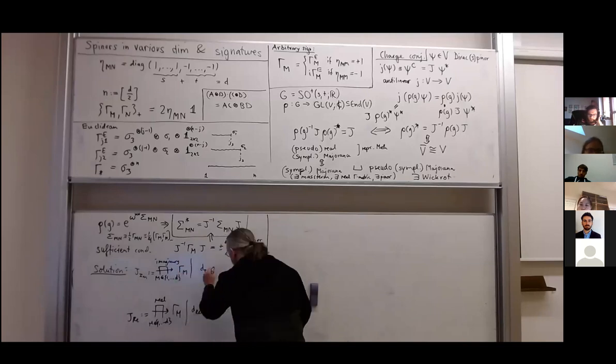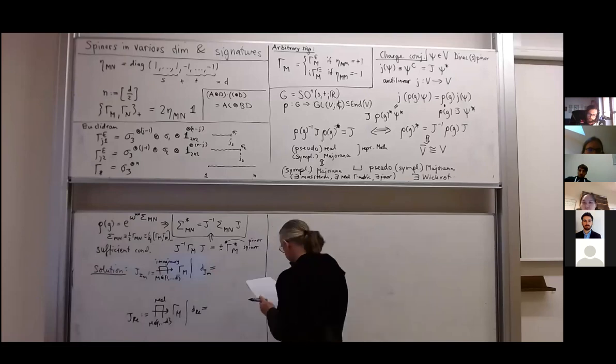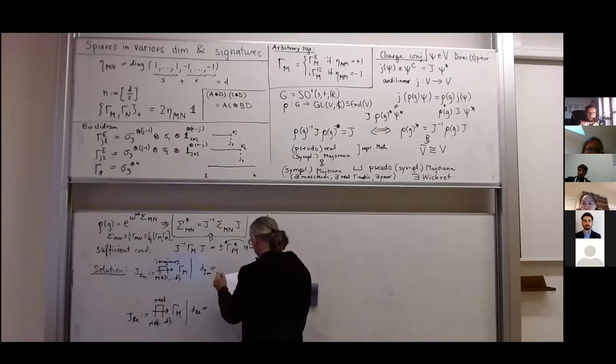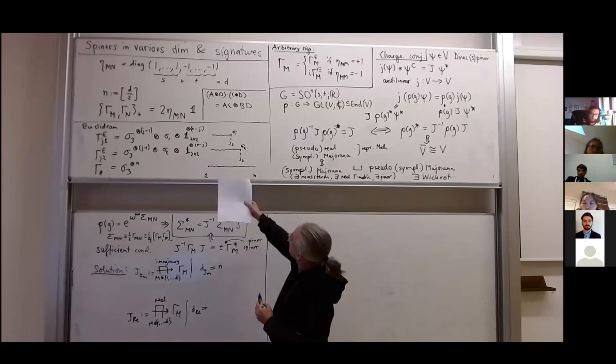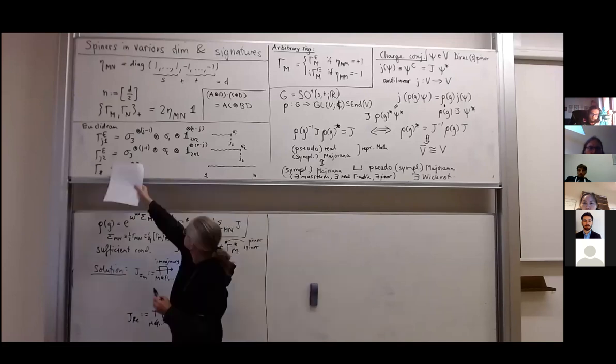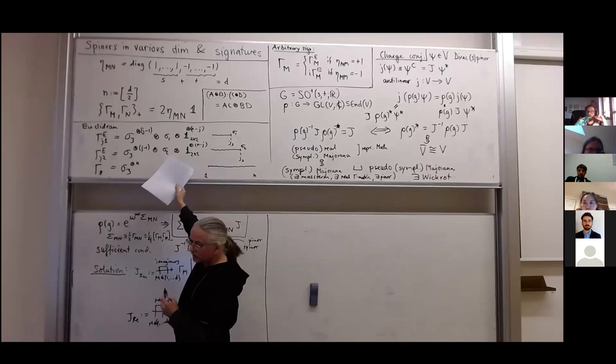So how many do we have of imaginary gamma matrices? I claim that this number is given by n, because we have n gamma 2 matrices here that have a sigma 2 in it. So we have n of those. So therefore, there will be n here.